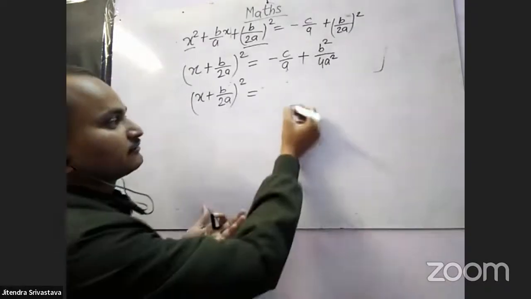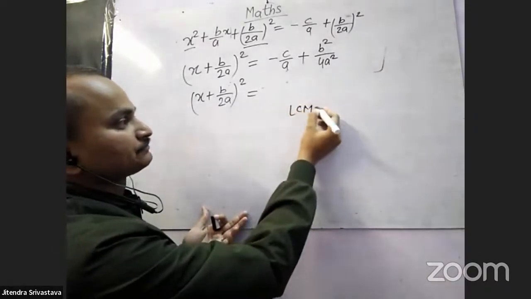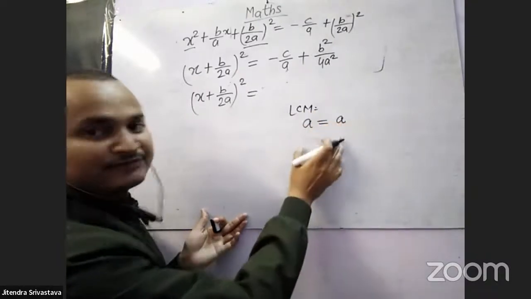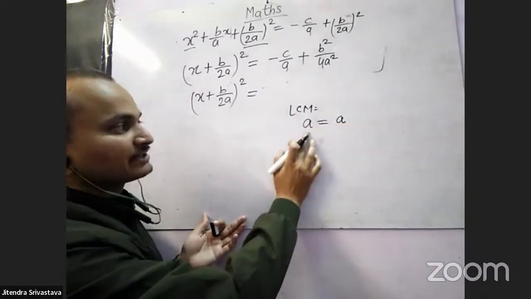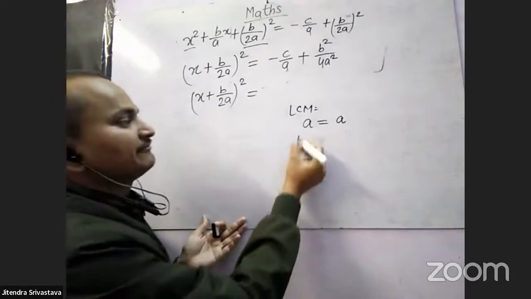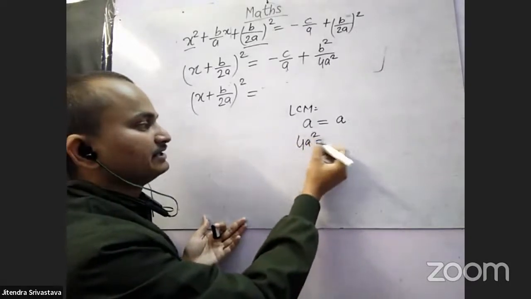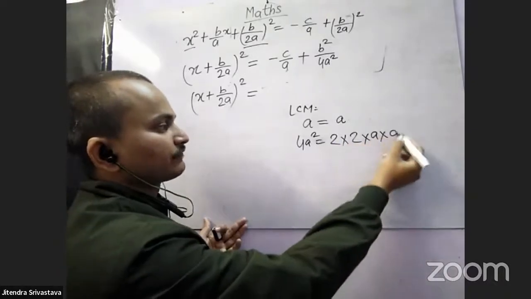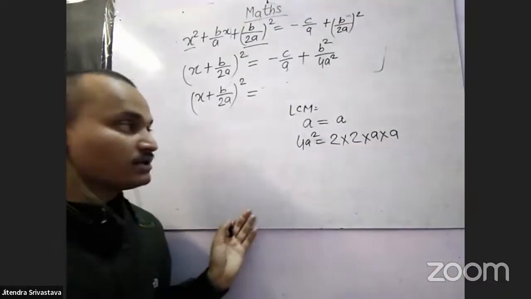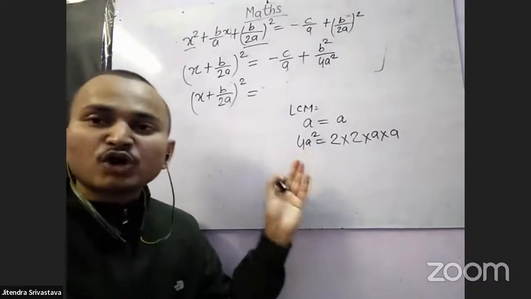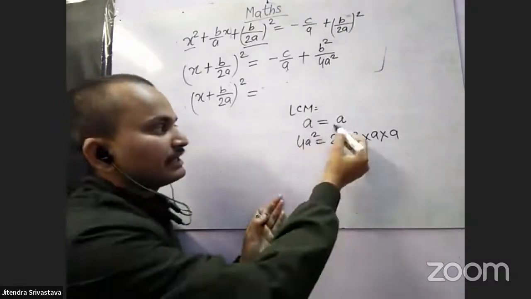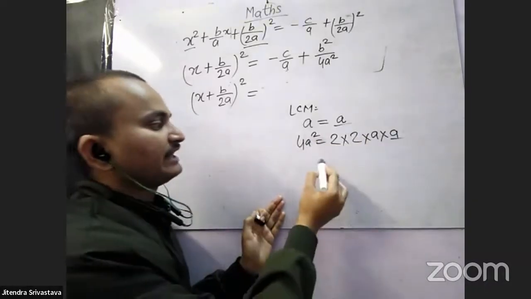See here, what will be the LCM of a? It will be a only. We have to factorize first. So the factor of a will be a only, and the factor of 4a square will be 2 into 2 into a into a. And we have to take what is common. In both, a is common, so we will take a.